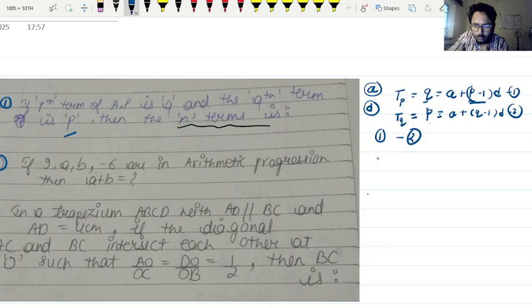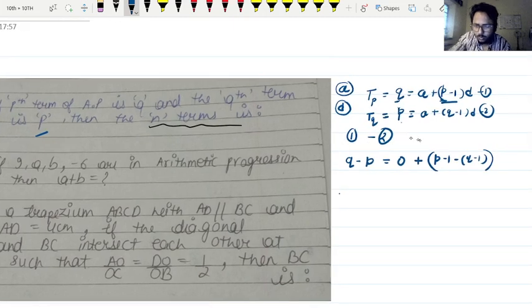So on the left side we can see that the q minus p term will be there, and a will be subtracted from a, that will be 0, and here it is p minus 1 and minus of q minus 1. Okay, and d must be common for both, so d will be outside.